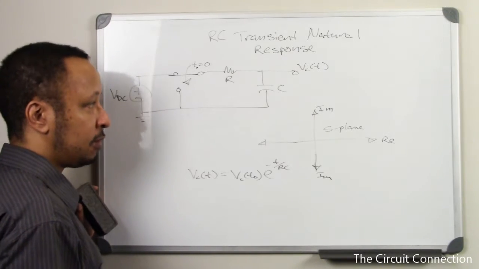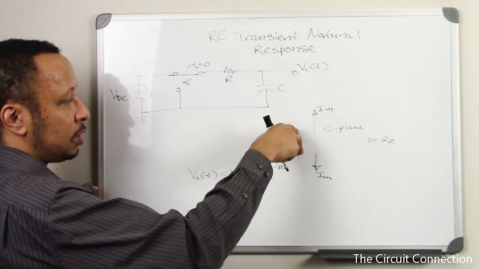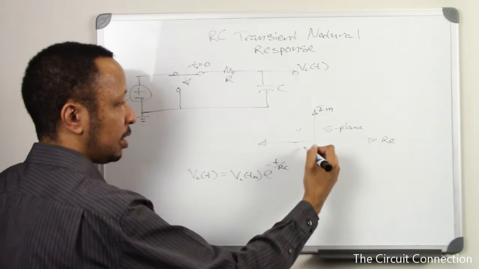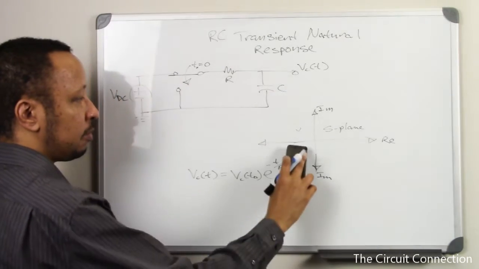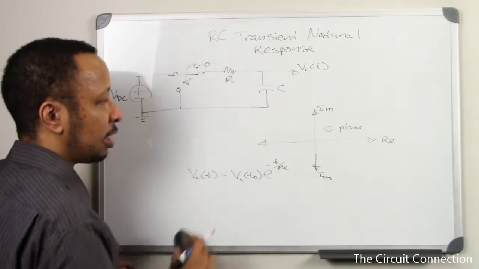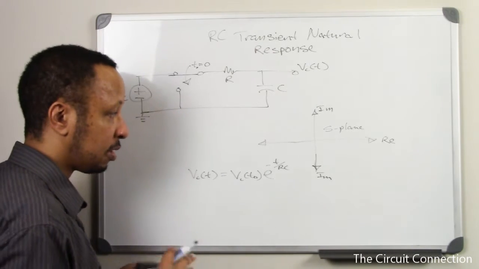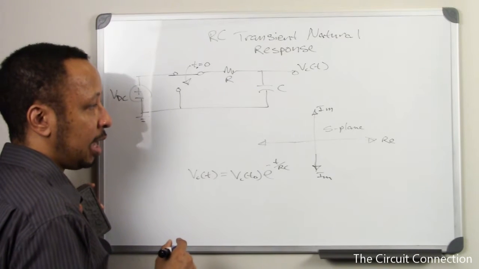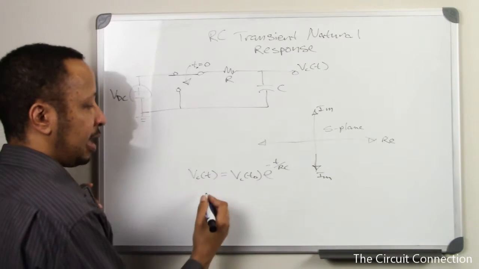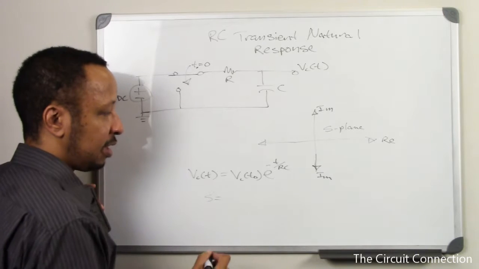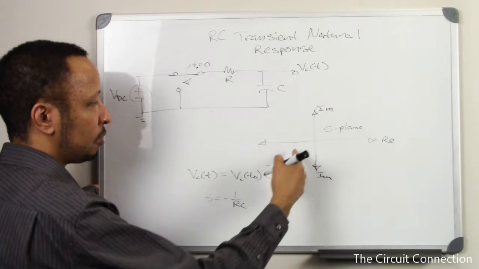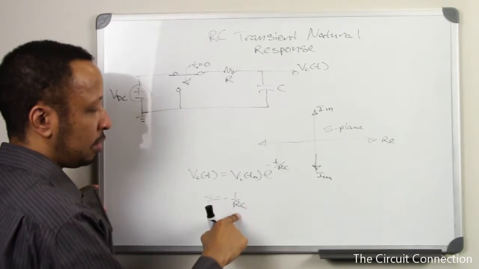When it's second order, you have conjugate pairs, but that's a later lesson. For right now, we're going to look at where s is in this plane. Remember, we said that s equals -1 over RC. So that's a real number.